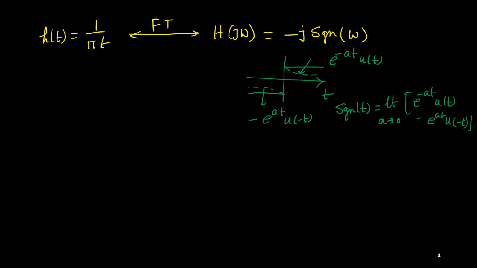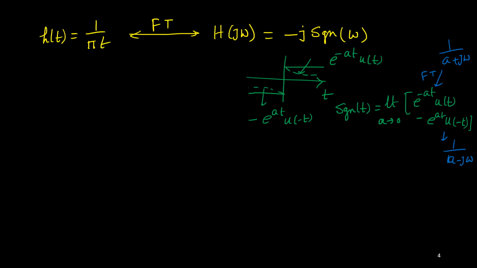So the Fourier transform of the signum t, you know that the Fourier transform of this one is 1 upon a plus j omega, and for this one it is 1 upon a minus j omega. If I combine these two, you will see a minus j omega and a plus j omega.